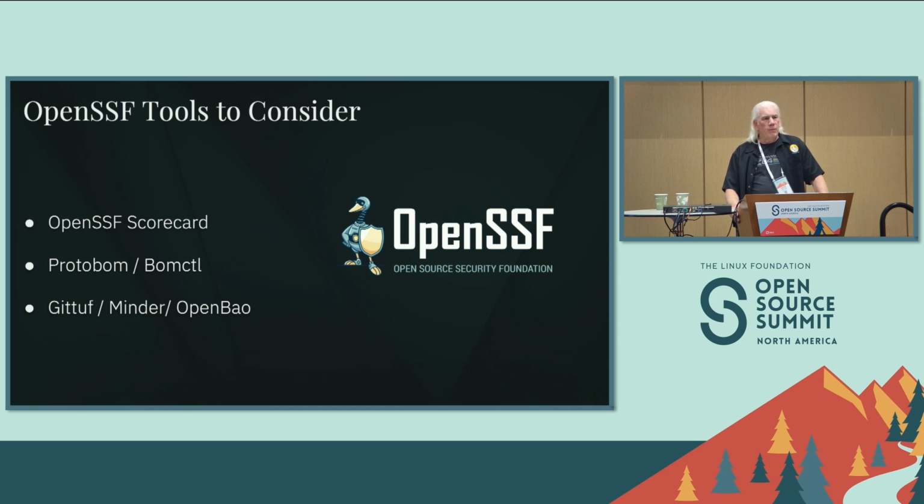So the question was, how does Black Duck come into play on this? Black Duck will give us the list of vulnerabilities that are out there. They have their tool to take an SBOM and give us the list of vulnerabilities.